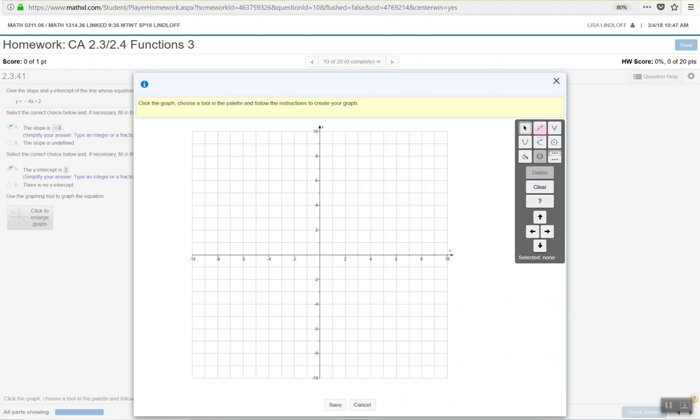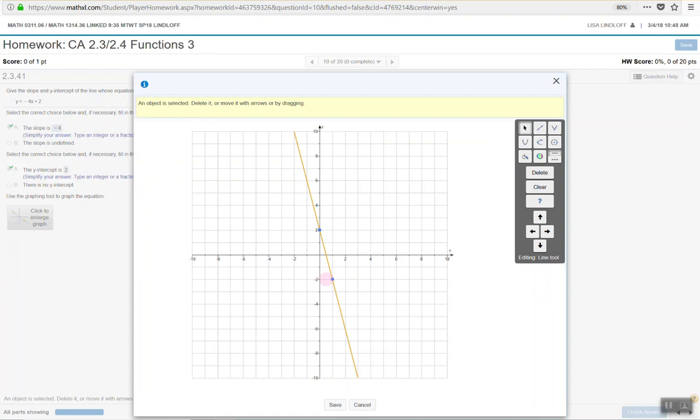So this is the tool I was talking about, the line tool. From there, begin at the y-intercept, and that is 2. From there, go down 4, 1, 2, 3, 4, go right 1, and there's your line.